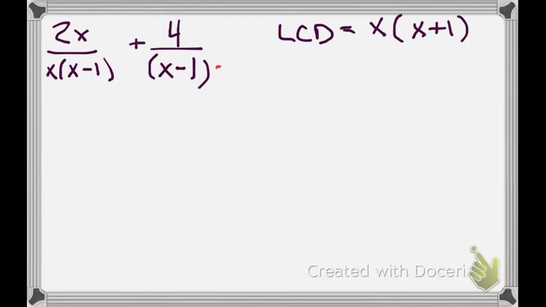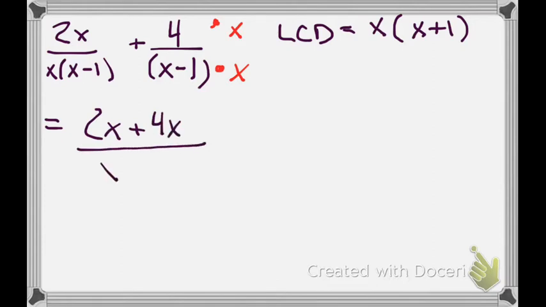However, on the other side, everything needs to get multiplied by x. So when I look at this, this is equal to 2x plus 4x all over x times x minus 1. Then I want to see if I can solve it and simplify.